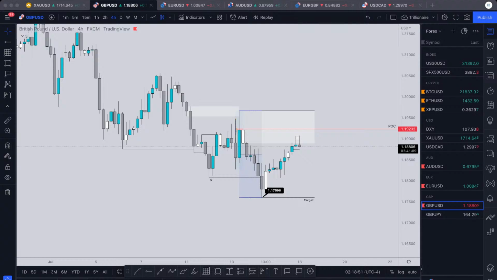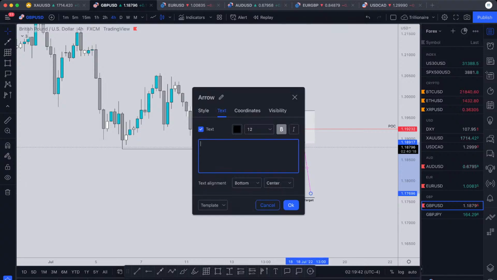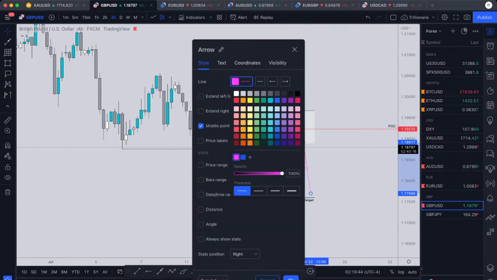Okay, so GBP USD, I'll be looking for price to give me some type of reaction to this supply region here, right? And then I'll be looking for it to smash this target around 1.17598. So around London and New York session, I'll be looking for GBP USD to possibly push to the downside. Now, it isn't quite ready to push to the downside just yet, but I'll be looking for signs of bearish intent on GBP USD.